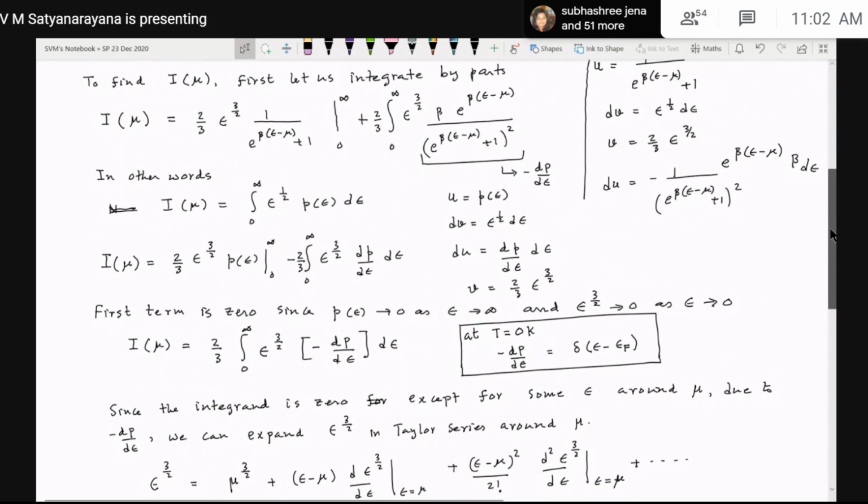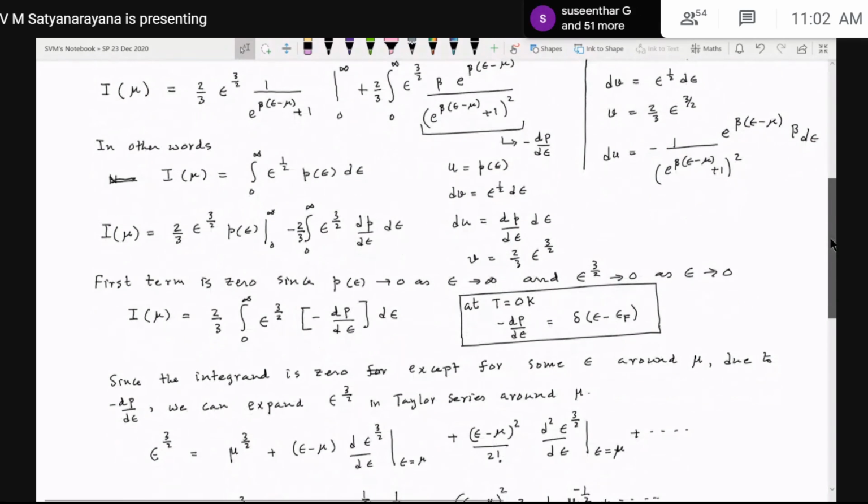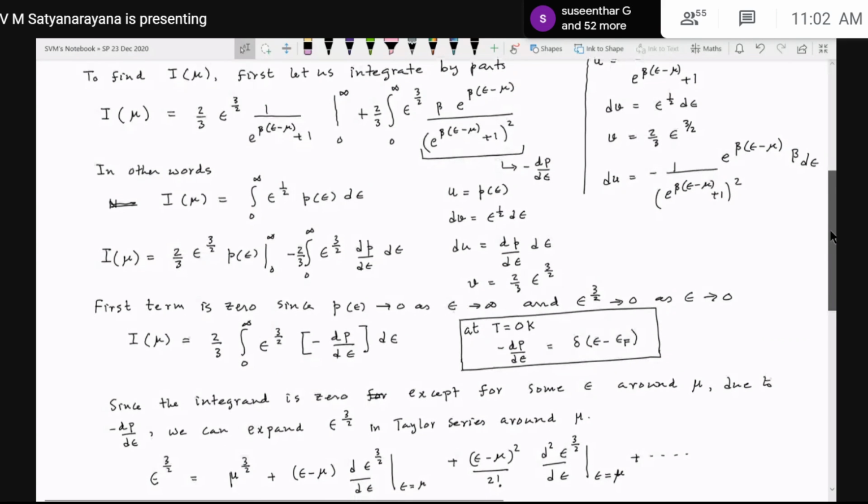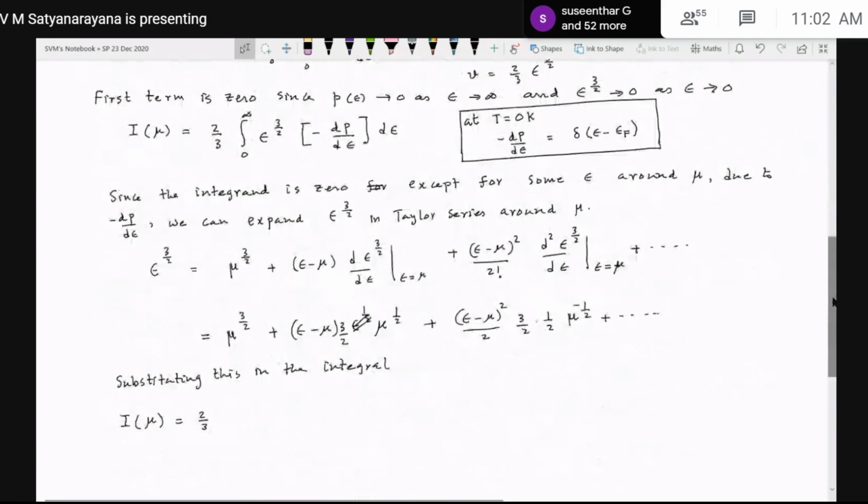There is a beta that I will pull out, and integral 0 to infinity.